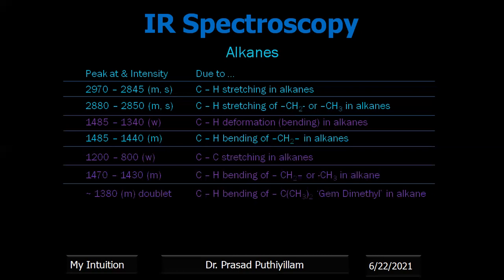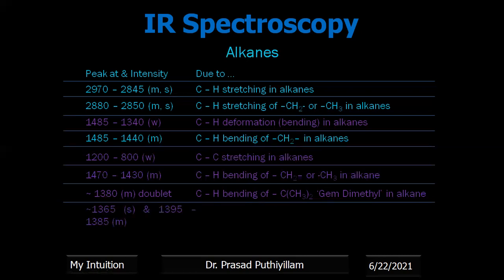So what is geminal dimethyl? I explained in my previous video. In this video also, I'll be taking an example of that. So if such type of groups are expected, that means a geminal dimethyl group is expected in our compound, then we should get a doublet near 1380.